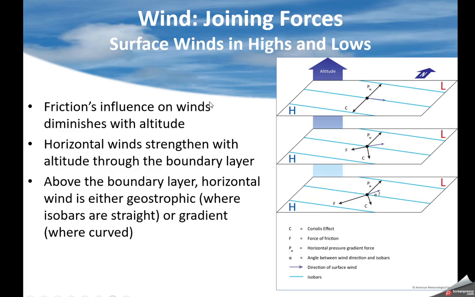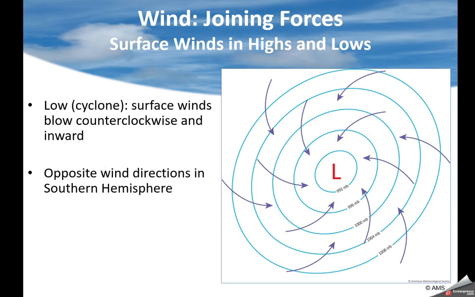So with that, above the boundary layer, so above where friction is greatest, we get more of the geostrophic wind. Down below that, we have more of the impact of horizontal winds impacted with friction. And that is why winds tend to blow into low pressure and out of high pressure. So if they're blowing towards something, we know we have winds converging.